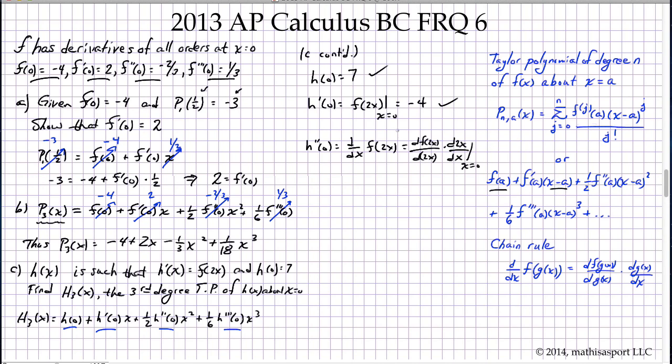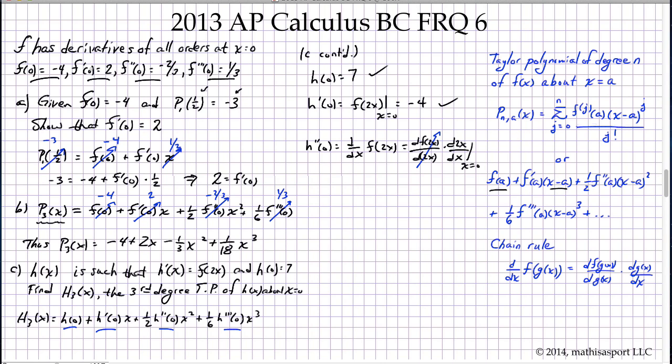Derivative of f of 2x with respect to 2x, that's the same as the derivative of f of something with respect to that same something. That's what we mean by f prime of x. We're going to evaluate that at 0. So we put a 0 in here, we get 0. And what do we know about f prime of x?